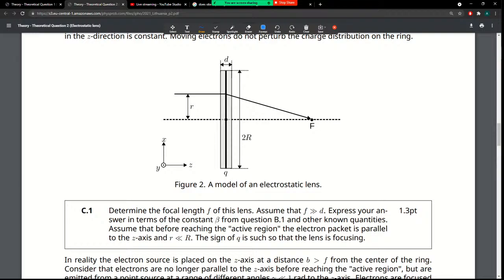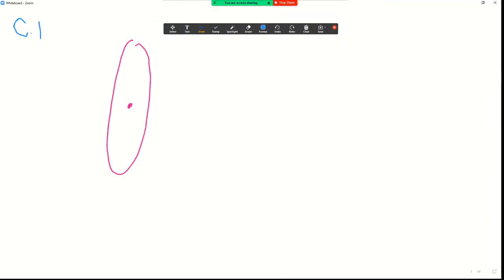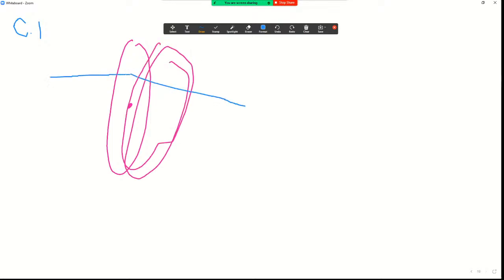Okay, well, so we have a ring like this, or we can say a disk like this, and an electron particle is going. So it will experience force in this region.